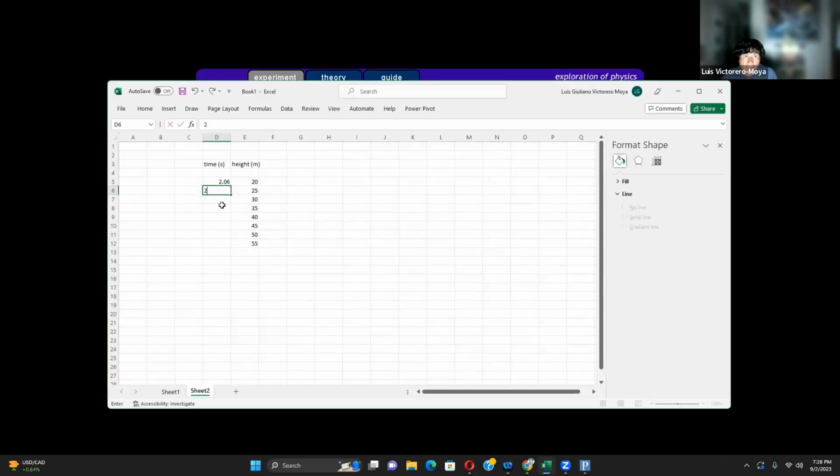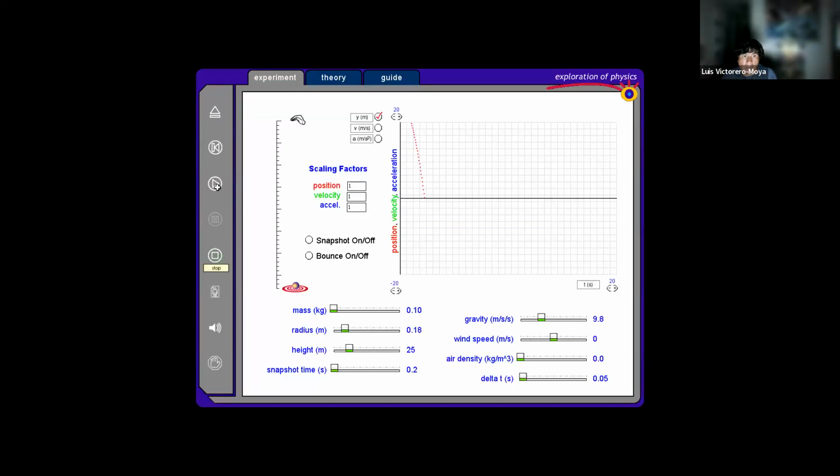So you want to stop it like I did right there when it touches the ground. 2.3, of course. All right, so let's go to 30.